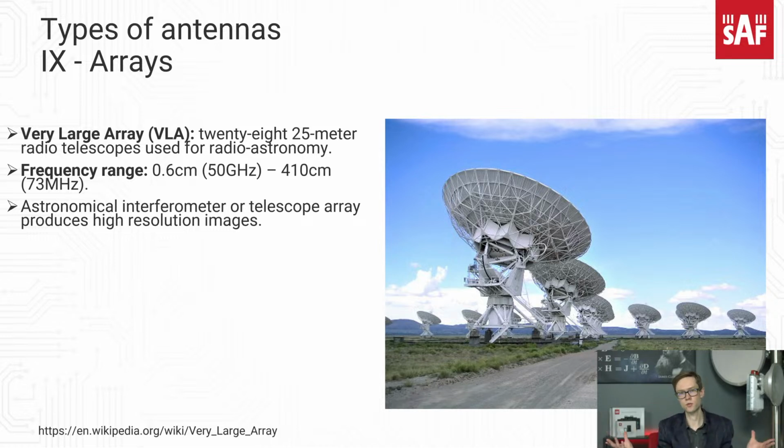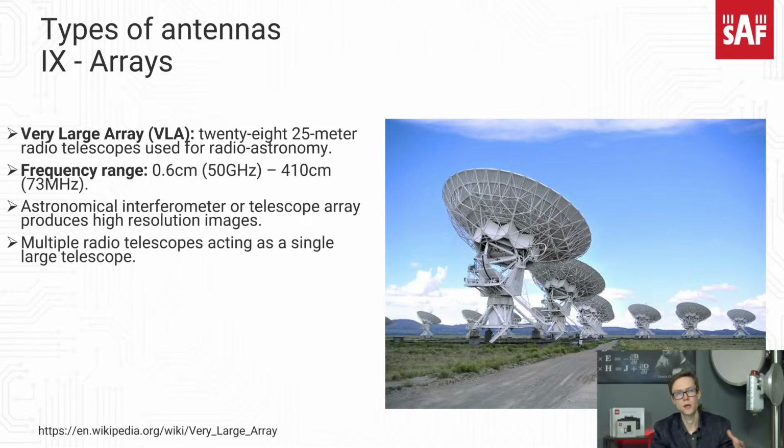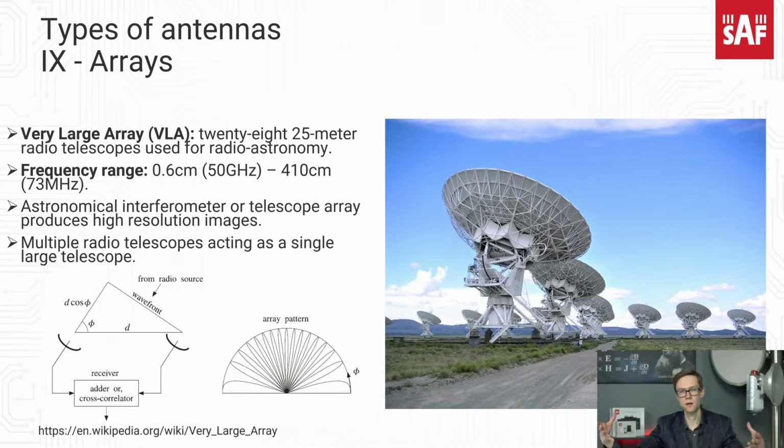But we cannot afford to build an antenna that large, so we use multiple smaller antennas which are combined and work as a whole, combining the signal from different parts together, and then there is a special algorithm which produces these high-resolution images based on the interference between the different parts. So we obtain the signal from different parts, which is shifted by some known phase.